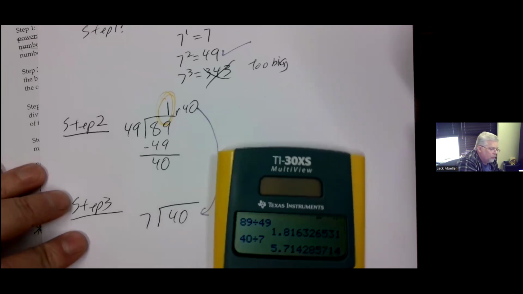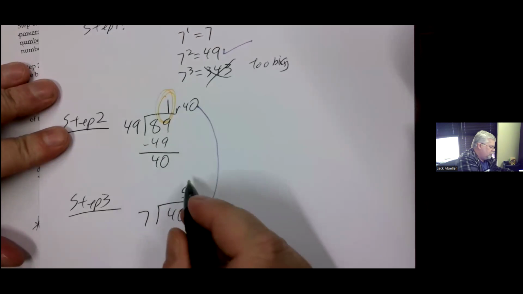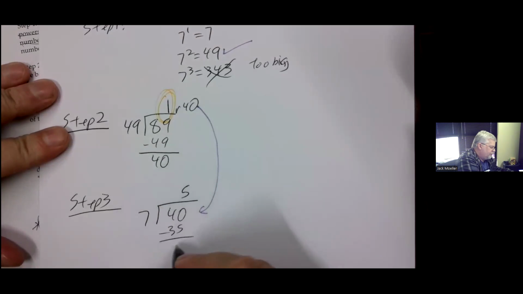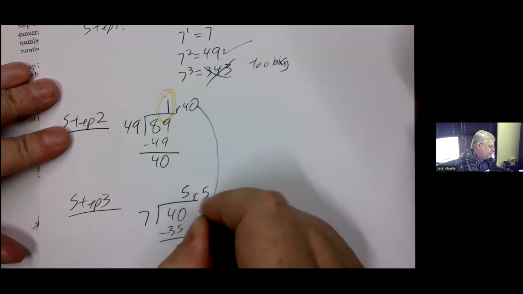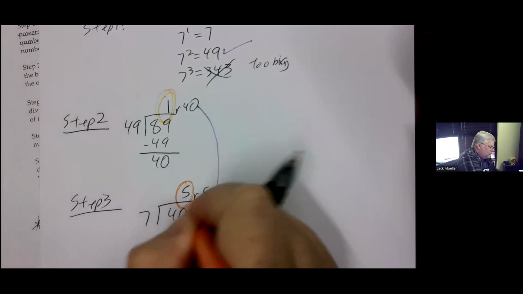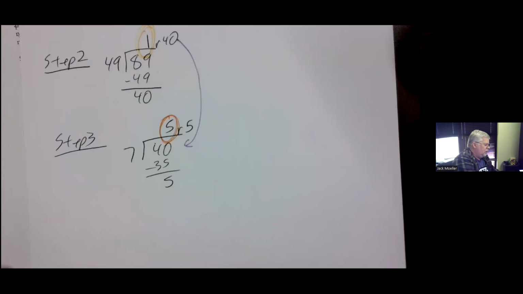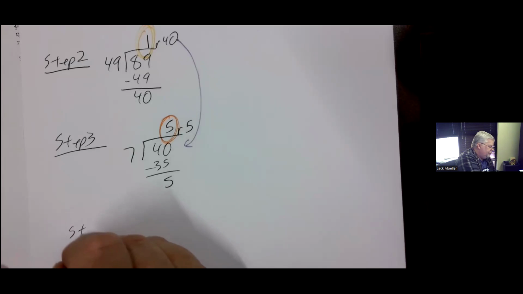Okay, so that is 5 point something. So that is 5. 5 times 7 is 35, 40 minus 35 is 5. That is 5, remainder 5. So circle that 5 because that's important. We have a remainder, so we've got to keep going.